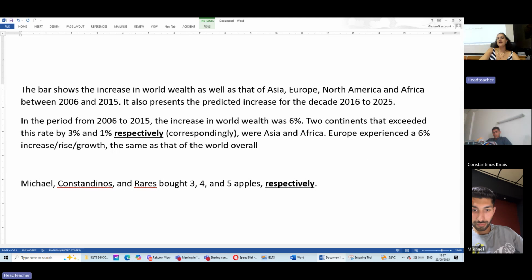So instead of saying the world wealth again, I can say the world overall to show that I have a rich vocabulary and to emphasize that it's about the overall world. And then we have to use some words that show comparison. For example, whereas, while. Okay, so whereas or while to show contrast. And this shows again that we're doing a comparison.